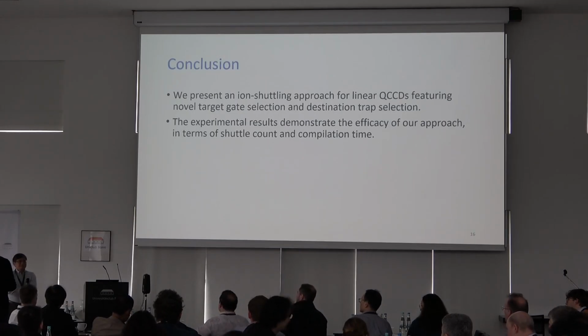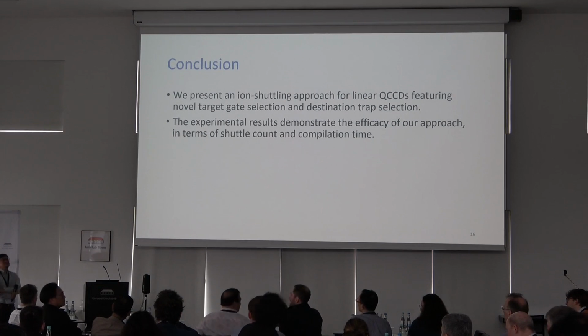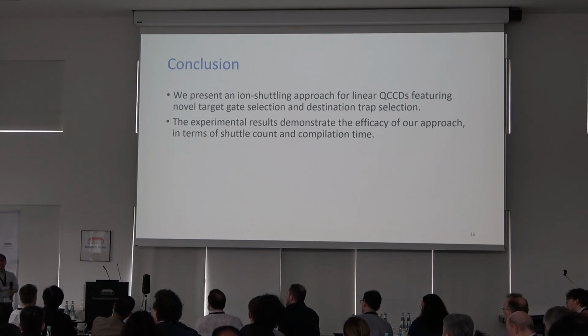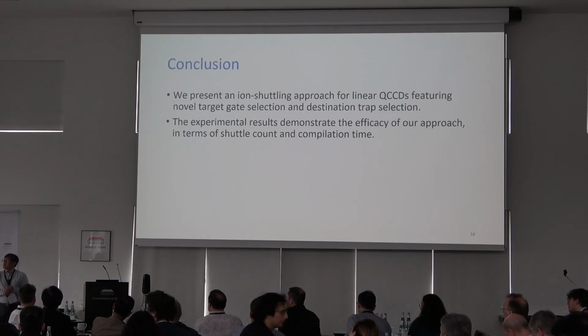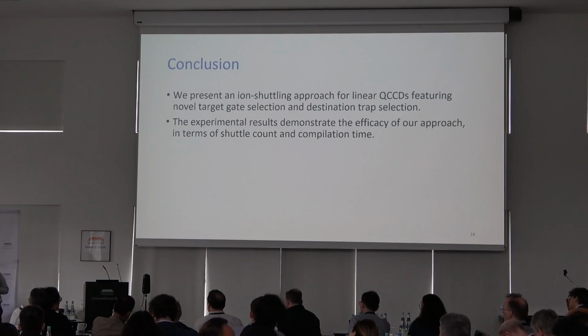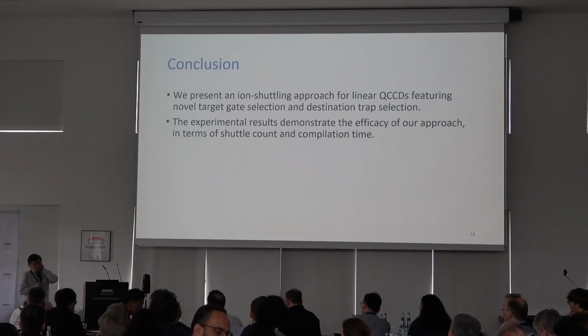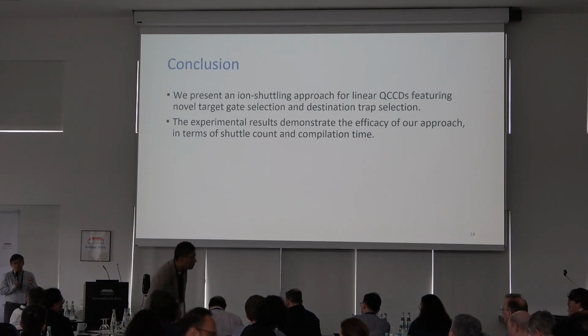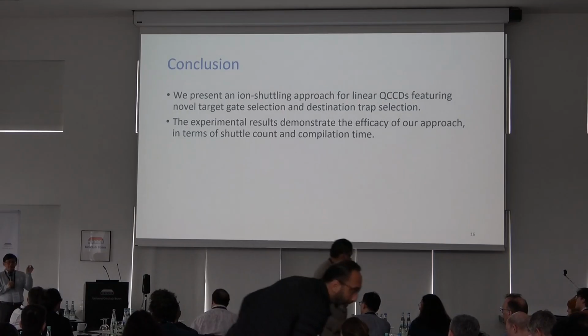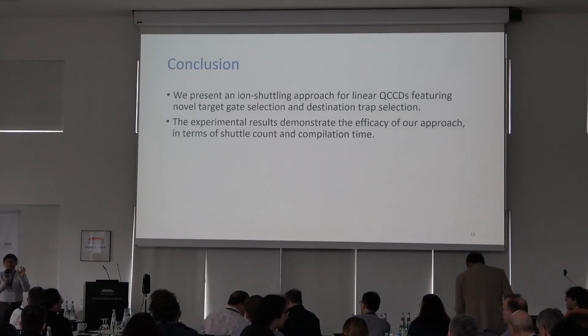I'll also make one question. Why do you change the trap score to trap score prime, and you don't use the previous trap score that you had computed? Oh, I think the previous work, they also have a score to calculate which trap should be selected as the destination.